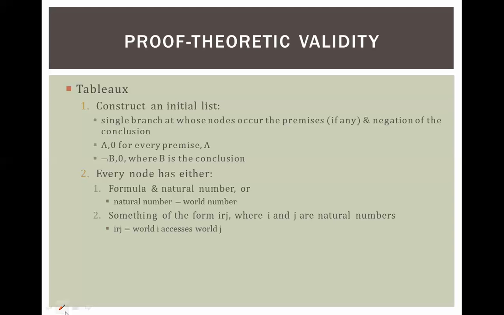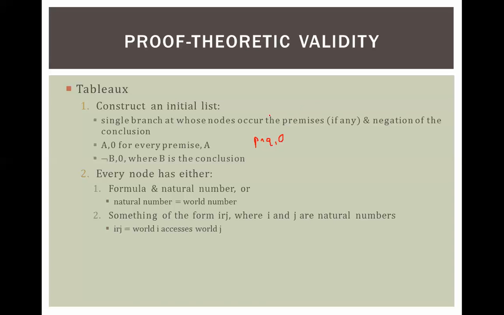So if the premise is P and Q, you'll write P and Q comma 0. Why are you writing 0? 0 means world 0. And that's where you're always starting off, on world 0. And then whatever the conclusion is, you're going to write not that thing and then comma 0.